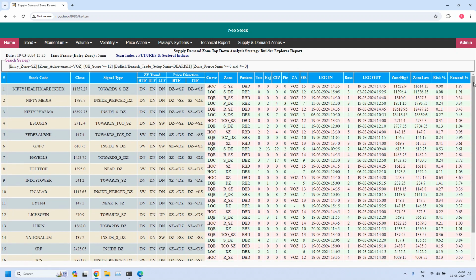Okay, now what do we do? The last thing we have to do is generate stop losses, because you have to use 5% ATR for 15 minutes entries and 3% of ATR for 5 minutes zones. So let me give you that list.